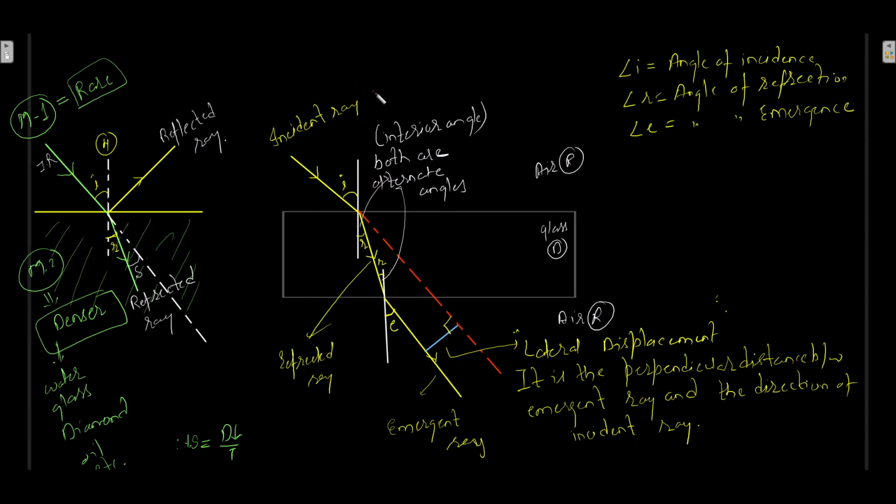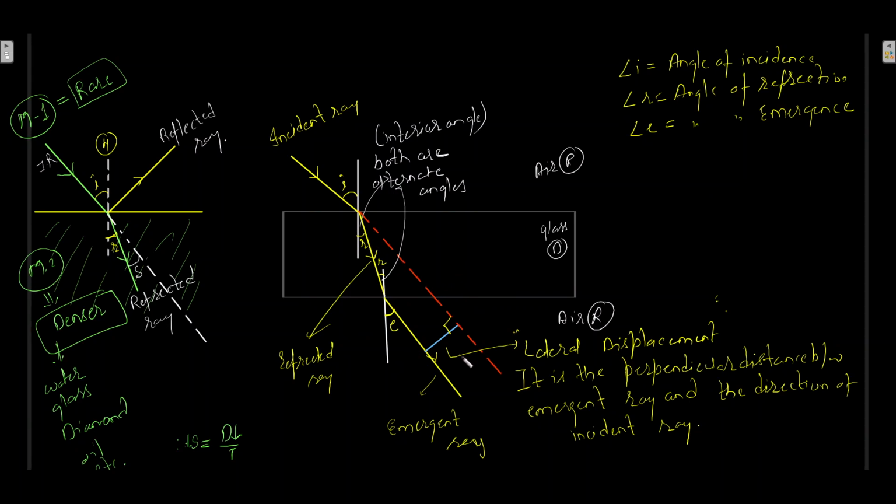This one is your incident ray. When it falls on a particular point on a thick glass, it will bend towards the normal, and when it hits the other surface of the glass, it will move away from the normal after refraction, because it enters from a denser medium into a rarer medium.